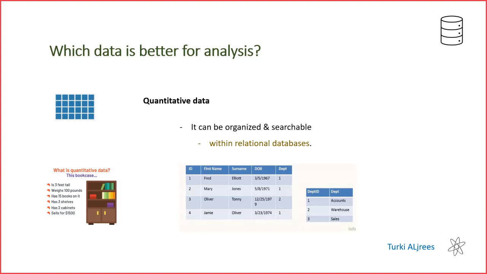So very simply, we can say quantitative or structured data is the easiest, but not the best or better way of analysis, because what kind of answer are you going to get from this data? Simply an answer you already know.